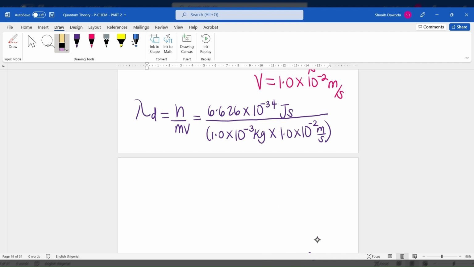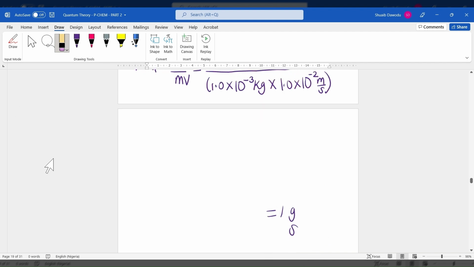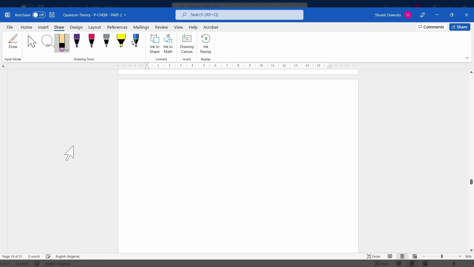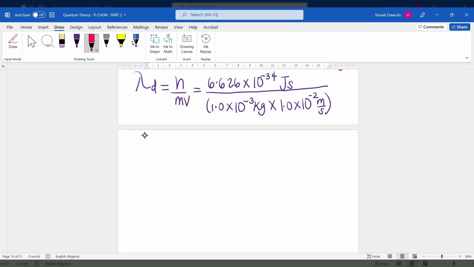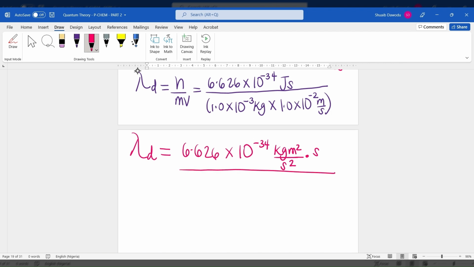So you see the reason why units are so important. If we had left joules as it is, we would not be able to cancel anything out, and we would have very confusing work. So the de Broglie wavelength becomes 6.626 times 10 raised to the power of negative 34 kilogram meters squared per second squared, and then you have the seconds right here, divided by 1.0 times 10 raised to the power of negative 3 kilograms times 1.0 times 10 raised to the power of negative 2 meters per second.